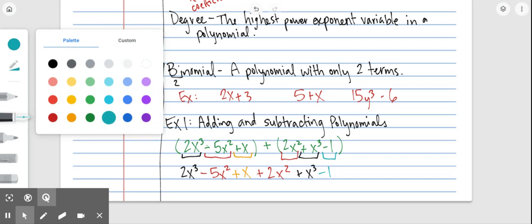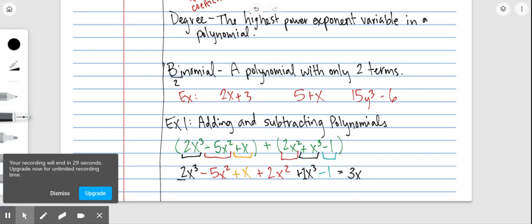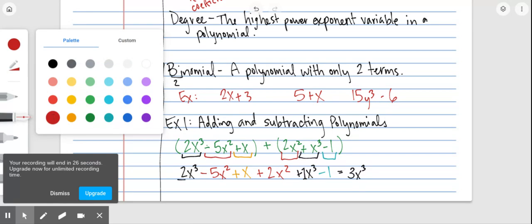So I'm going to start with my x to the third power. I've got 2x to the third power plus 1x to the third power, because remember, if I have a variable without a coefficient, there's an invisible 1 there. So total, I have 3x to the third power. Okay, now I'm done with those. I'm going to go on to the x squared terms.